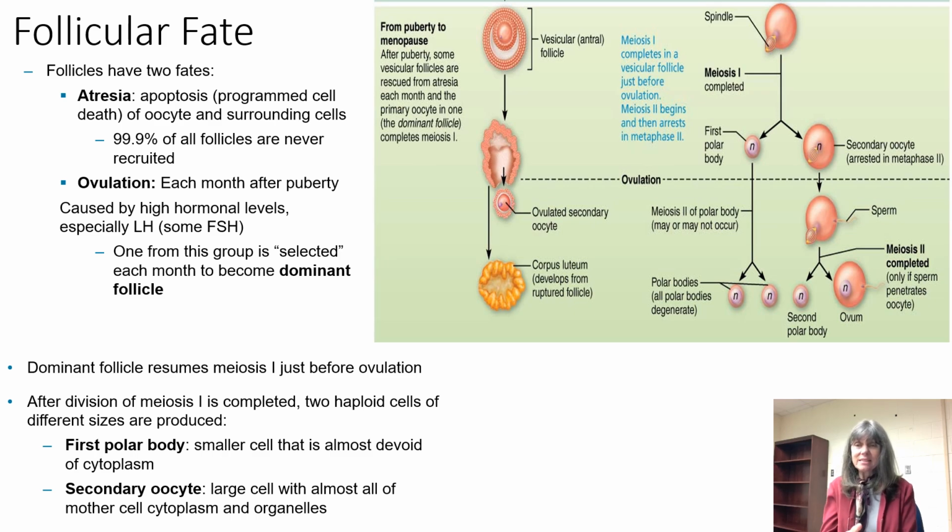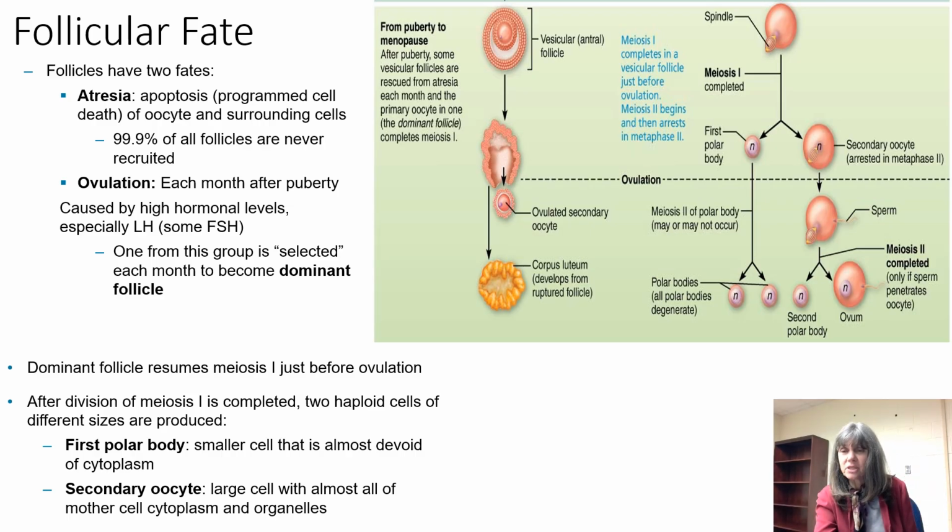So what happens is with that secondary oocyte, it's arrested in metaphase 2. And in that process of metaphase 2, we've got yet another spindle where that can be a way to extrude excess DNA if it is penetrated by a spermatocyte, a sperm cell.